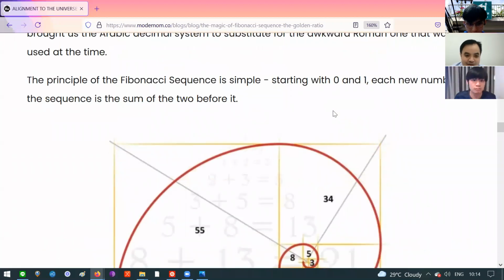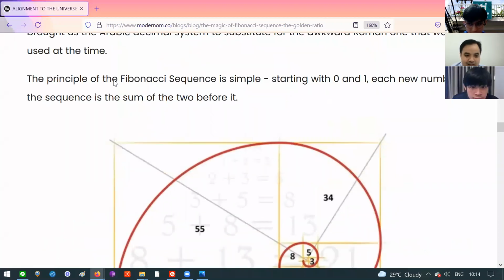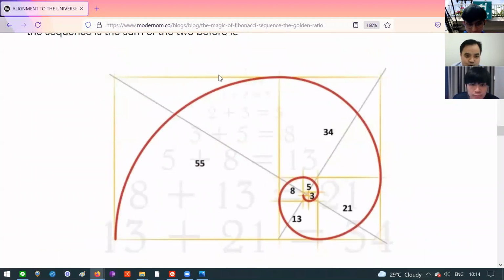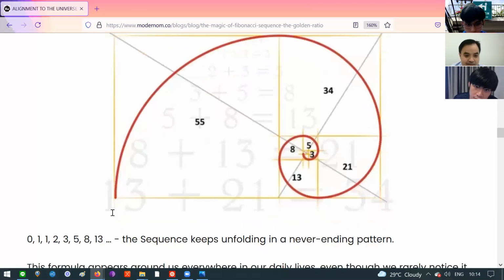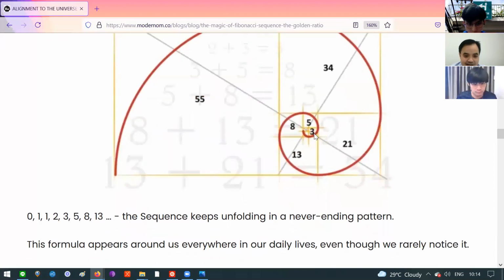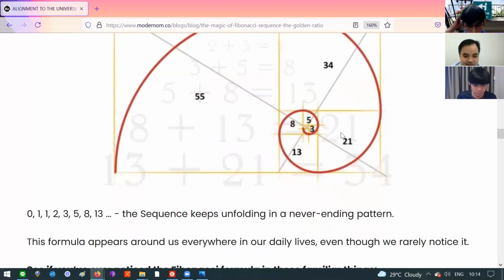So if you keep building a rectangle so that the longer side is equal to the previous two sides, 13 and 21, you make 34, and then 21 and 34, you get 55. You can keep creating this bigger and bigger, and the ratio of how it goes up is sometimes called the golden ratio and so forth.